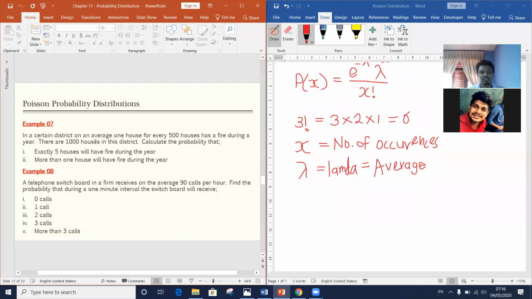There are 1,000 houses in this district. Calculate the probability that, first, exactly 5 houses will have fire during the year. Part 2, more than one house will have fire during the year.